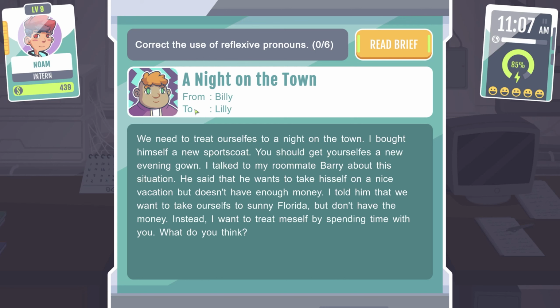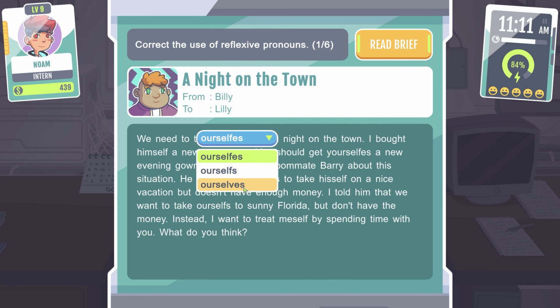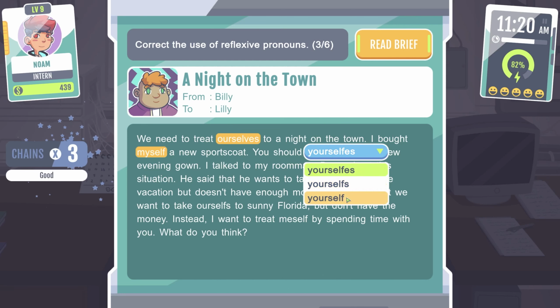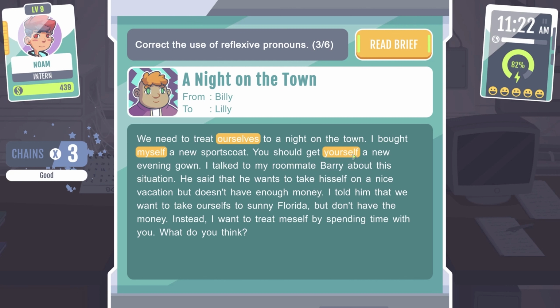Correct use of reflexive pronouns. We need to treat ourselves to a night on the town. I bought myself a new sports coat. You should get yourself a new evening gown. I talked to my roommate, Barry, about this situation.